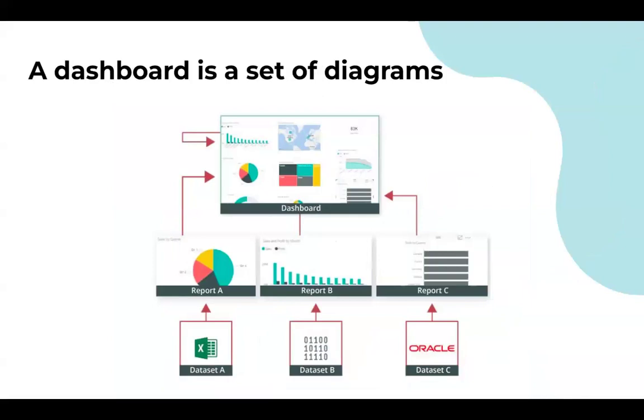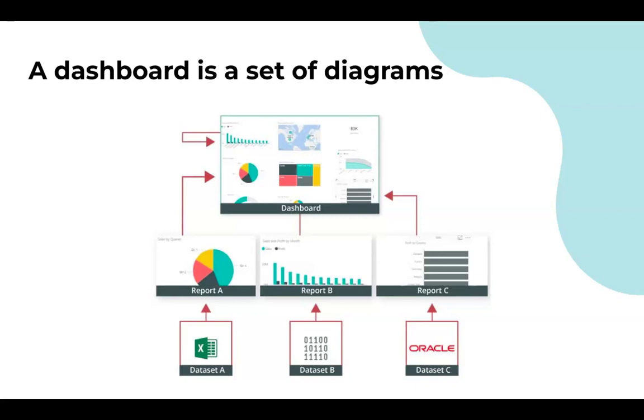All right. So another nice thing about dashboards is that it doesn't just rely on one source of data, right? You can use multiple sources of data. So you can see data set A, which is your pie chart, that came from a .csv file. Your data set B would have been another report altogether that you uploaded into Looker Studio.